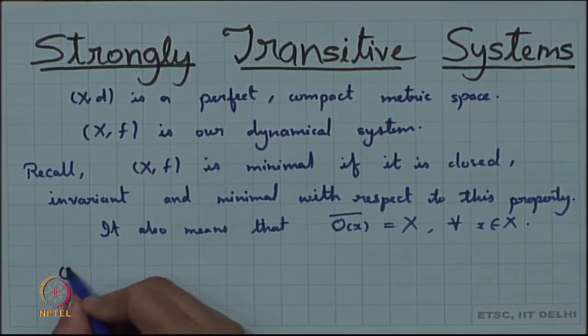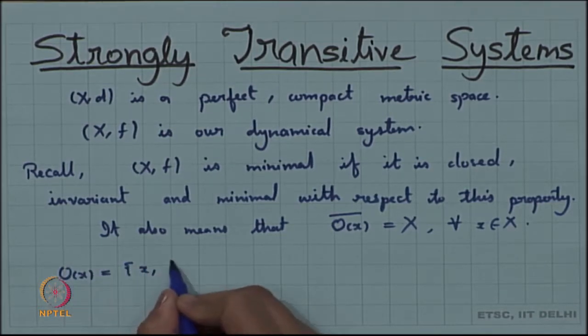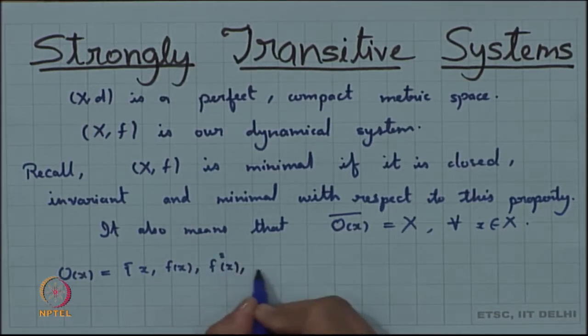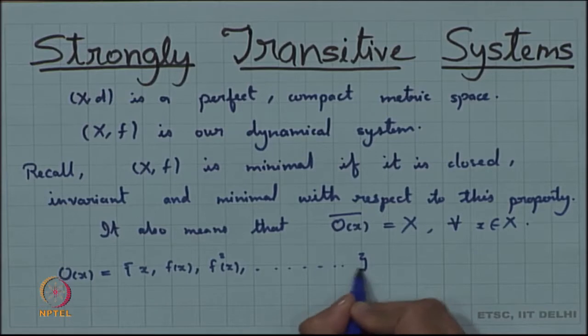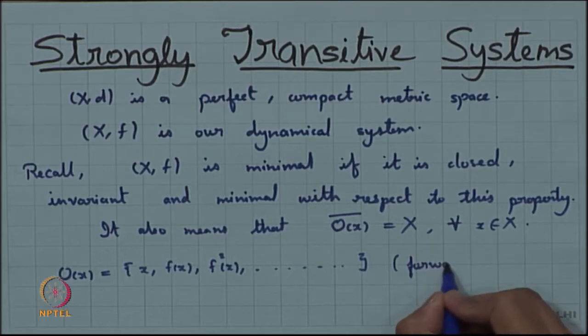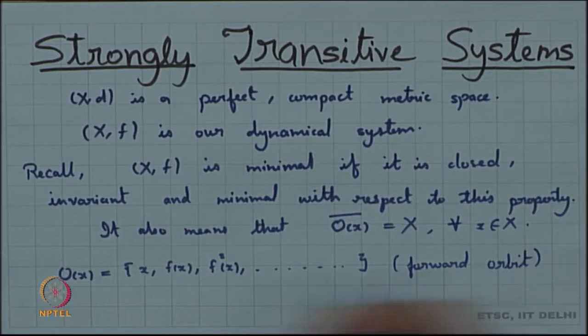We again recall, what is our orbit of x? Our orbit of x was the sequence x, fx, f square x and so on. Generally when we talk of orbits, we are talking of forward orbits, always moving in the forward direction. But we can similarly move in the backward direction.